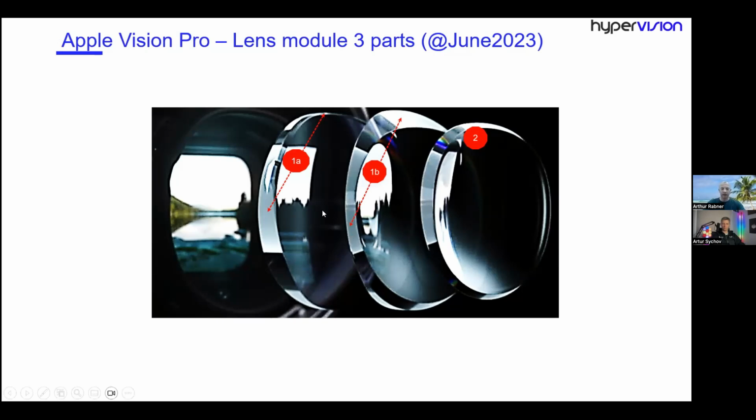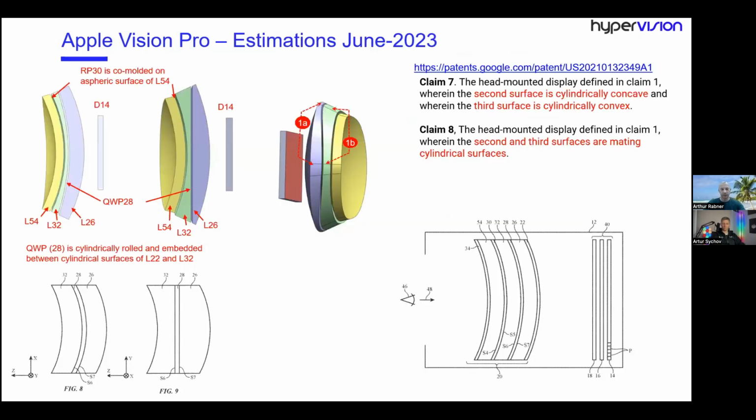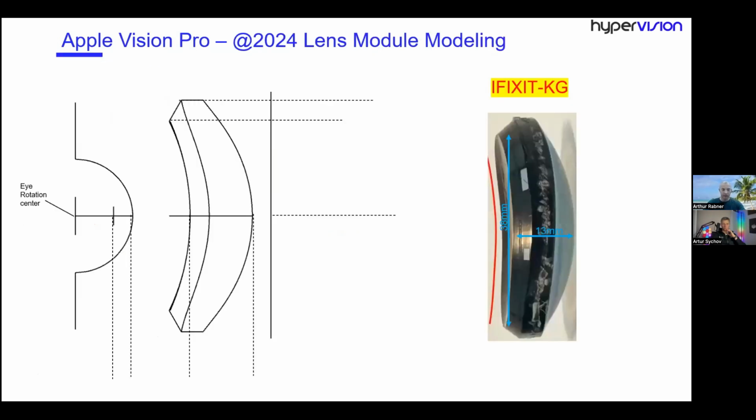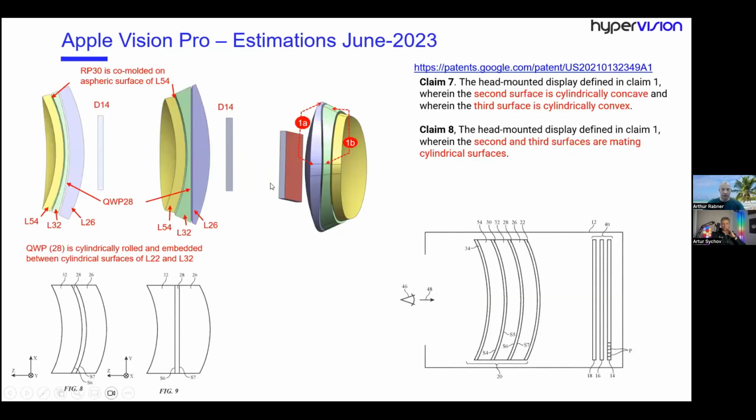And the first lens is separated into 2 parts by a cylindrical surface. And that's because of a very important component named quarter wave plate or retarder. You see here the quarter wave plate or retarder that cannot be stretched, but it can be folded cylindrically. So yes, it was also validated by a patent of Apple.